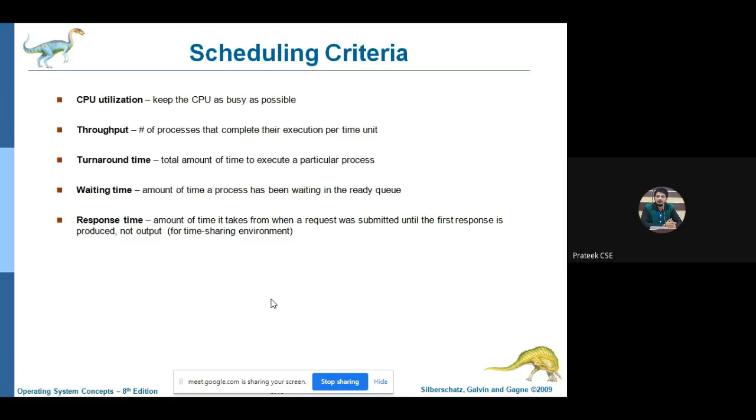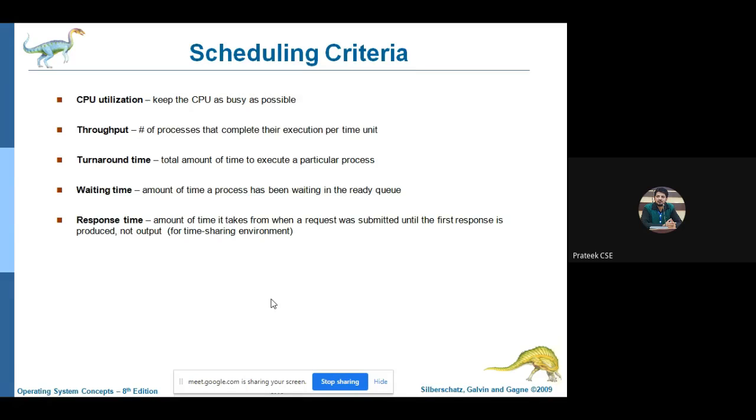Now there are some scheduling criteria which are the basis of CPU scheduling, and I'm going to discuss some important terms here which will be very helpful while we are solving the numericals further. The very first important criterion is CPU utilization. The basic purpose of CPU scheduling is that we want the CPU to be busy at all possible times.